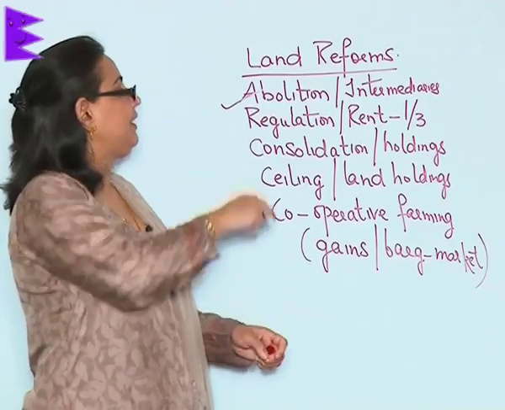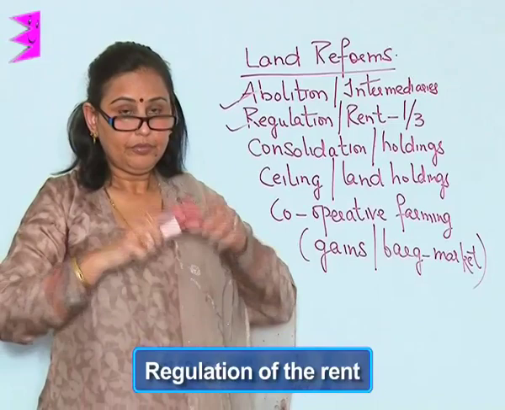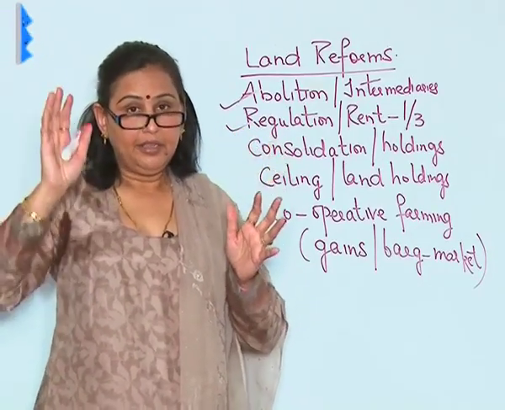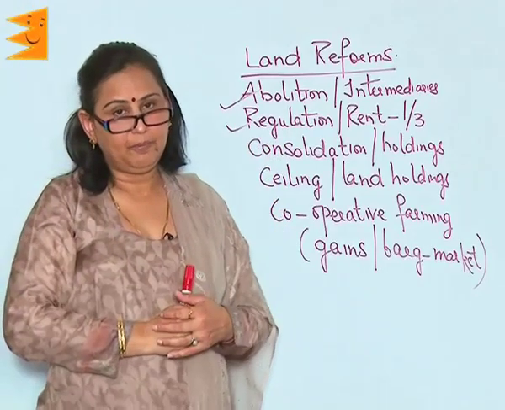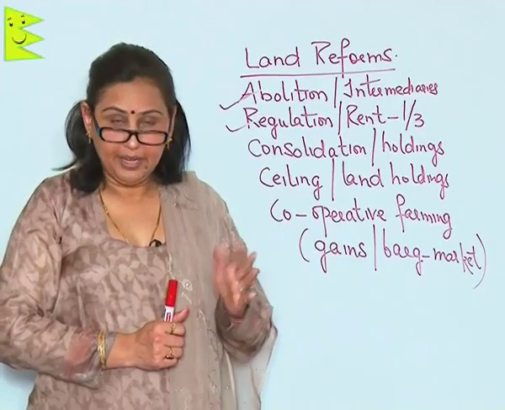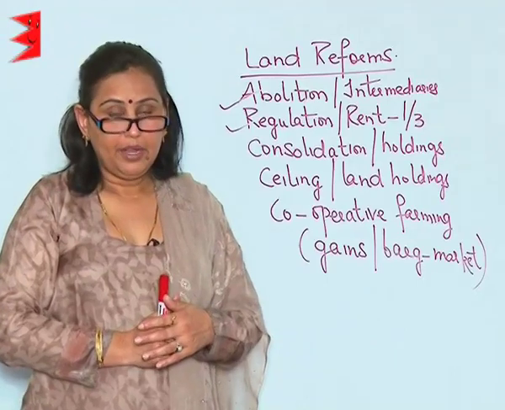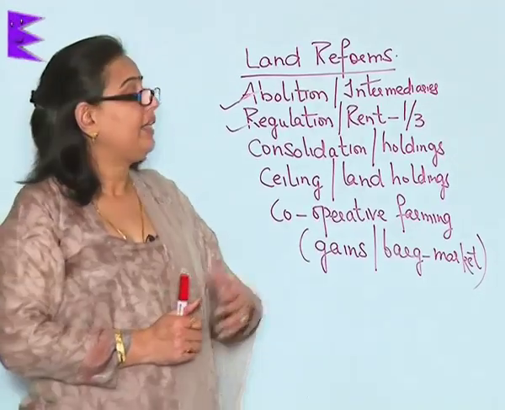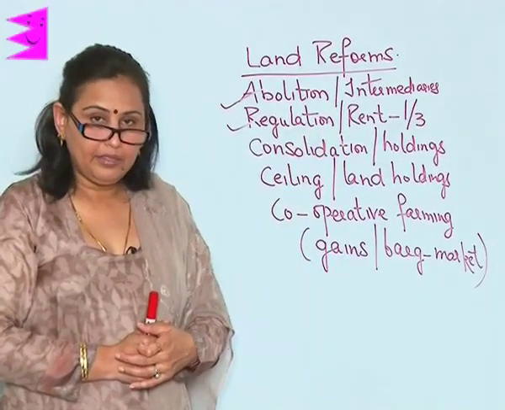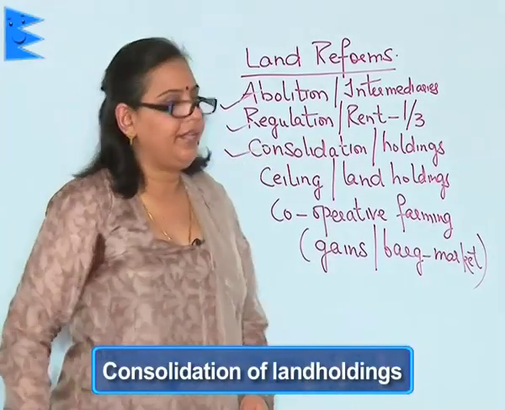The next feature is regulation of rent. Earlier, there was no fixed rental system. It used to differ from place to place, from time to time and from person to person. But now the government has ensured that there is a fixed regulation of rent, which is 1/3. The next is consolidation of land holdings.